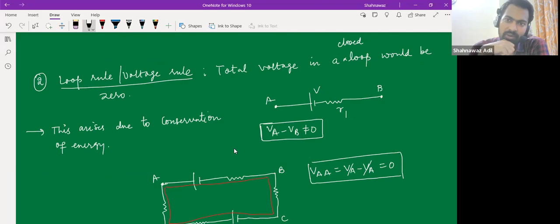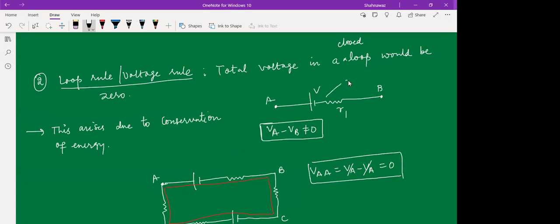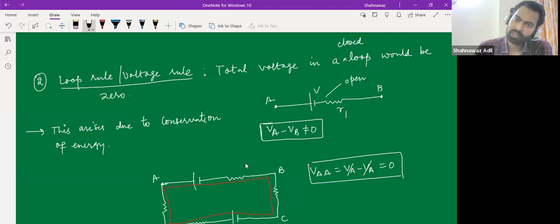Any doubt in these two rules? Do you guys have any doubt? No, sir. Yeah, so this is an open loop, and this is a closed loop.